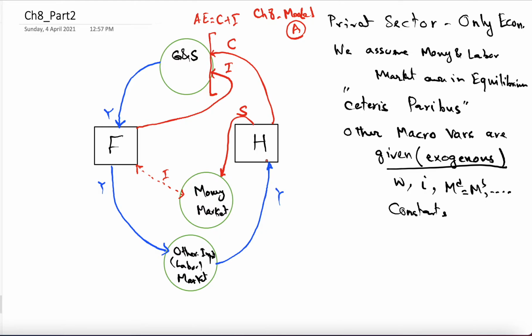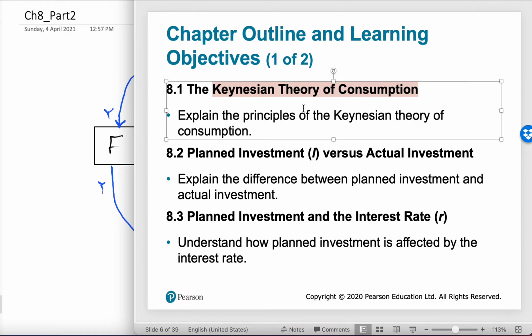So disposable income and national income are almost the same, and disposable income is either consumed or saved.